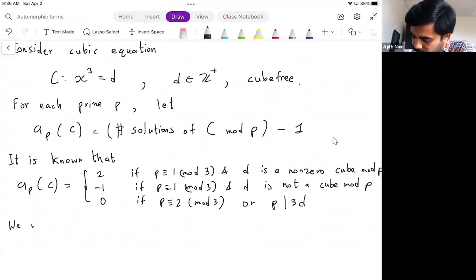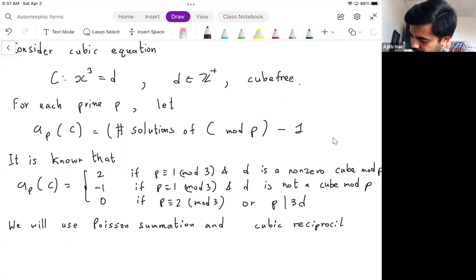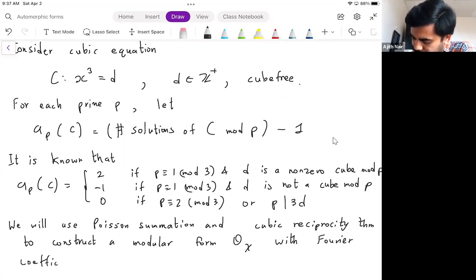We will use Poisson summation and the cubic reciprocity theorem to construct a modular form theta chi with Fourier coefficients a_p.